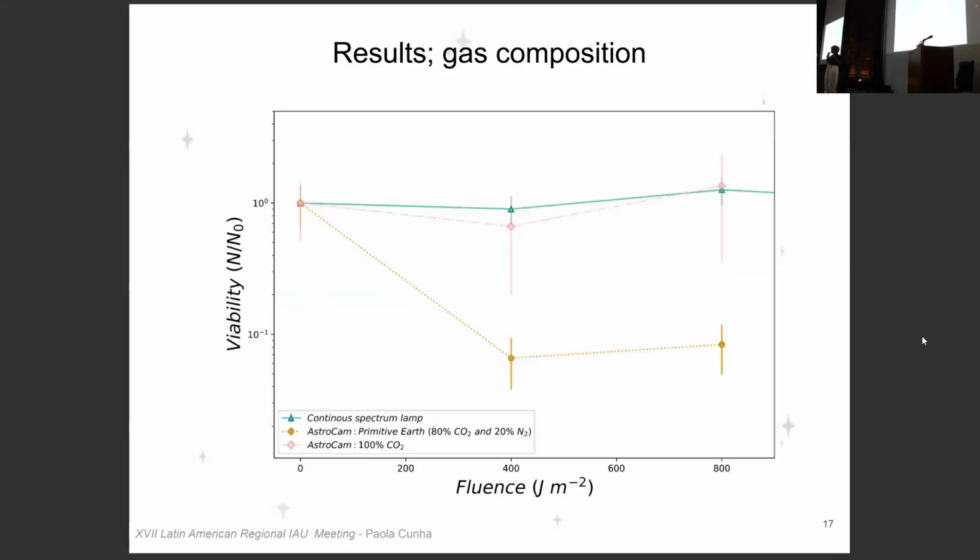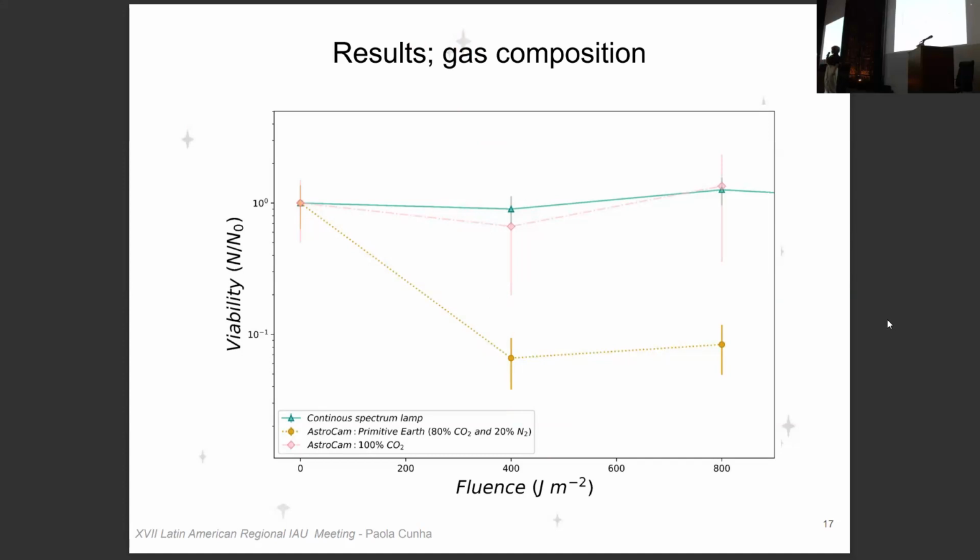Okay, now let's see our Astrochem results. This yellowish curve is for Astrochem primitive Earth, the pink one is for 100% CO2, and the green, again, is the continuous spectral lamp that I showed before. You can see a difference between the Astrochem and the 100% CO2.